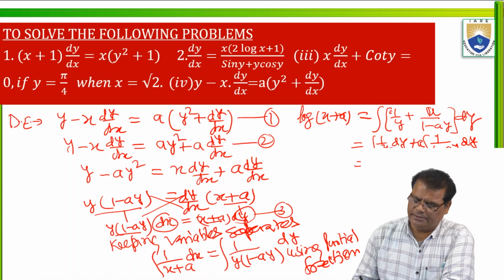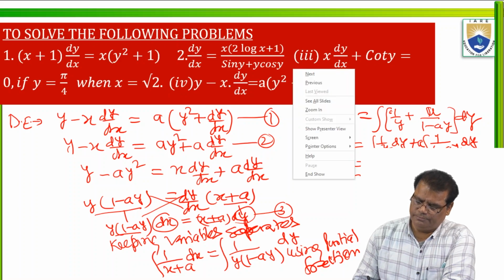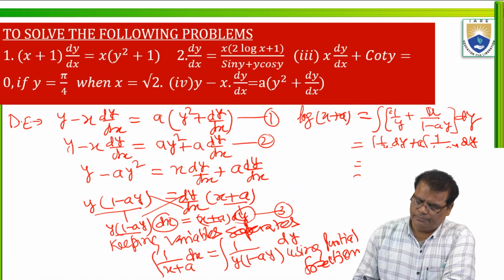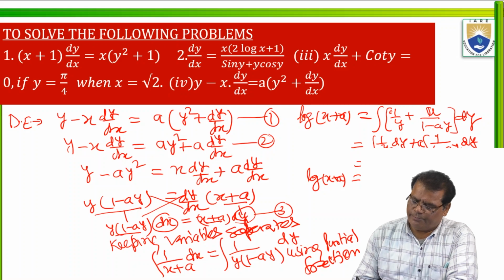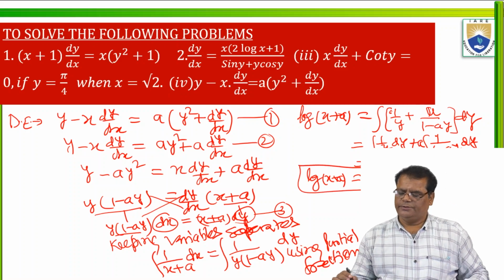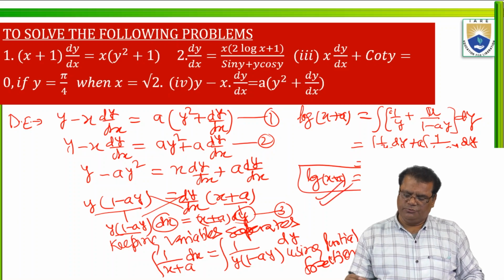The a is cancelled. So log (x plus a) equals log y minus log (1 minus ay) plus c, where c is an arbitrary constant. This is the complete solution.